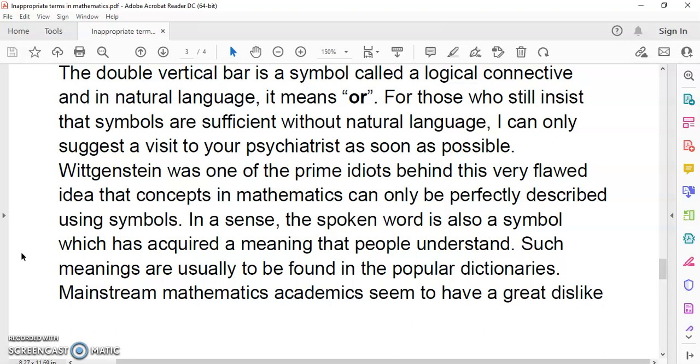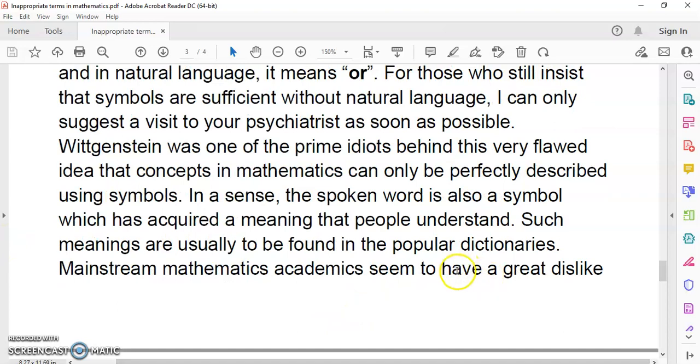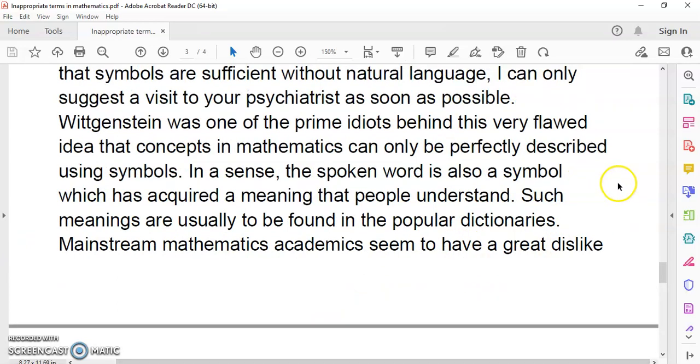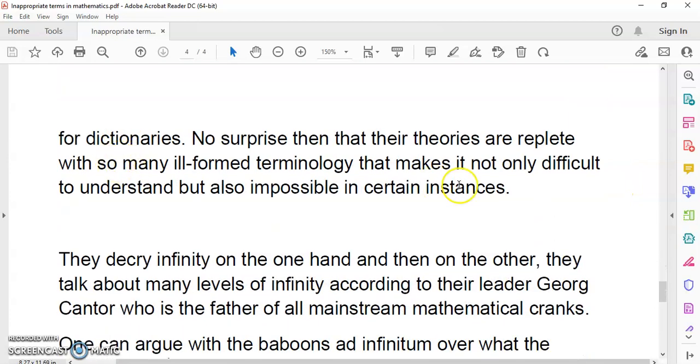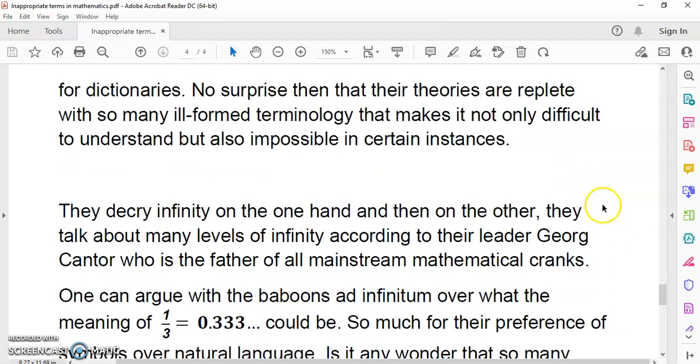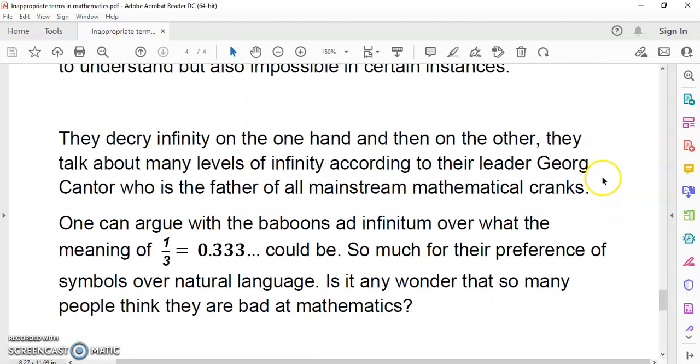In a sense, the spoken word is also a symbol which has acquired a meaning that people understand. But such meanings are usually to be found in the popular dictionaries, which are things that mainstream mathematics academics appear to hate. No surprise that their theories are replete with so many ill-formed concepts and terminology that makes it not only difficult to understand, but also impossible in certain instances.